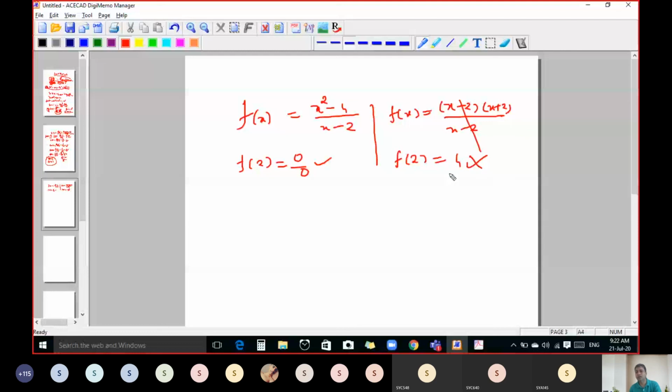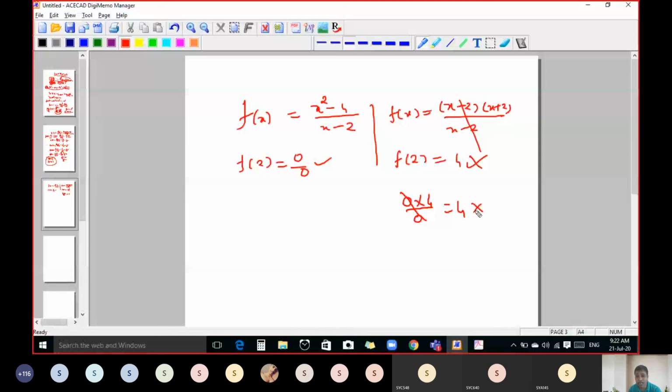Now if there is a question, why sir, what is wrong in this? See, if there is something like this, 0 into 4 divided by 0, and if we cancel this and write the answer 4, then it's totally rubbish. That is totally wrong.